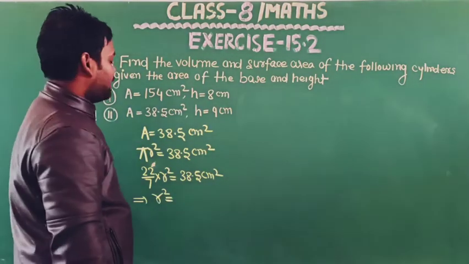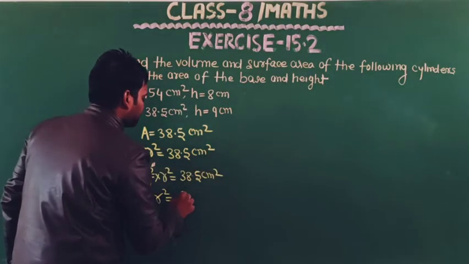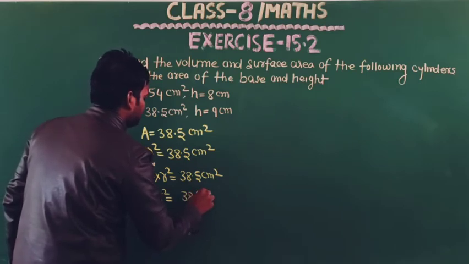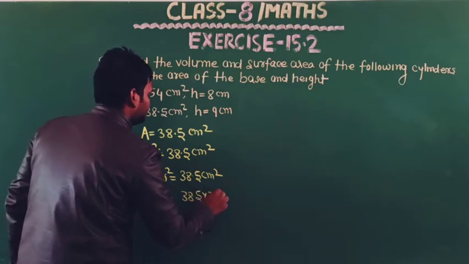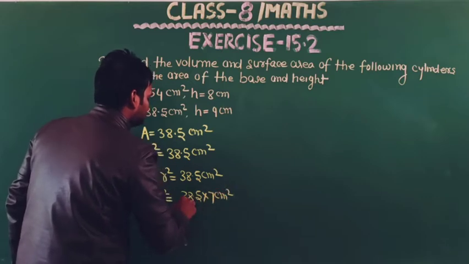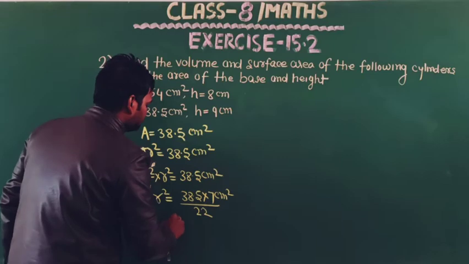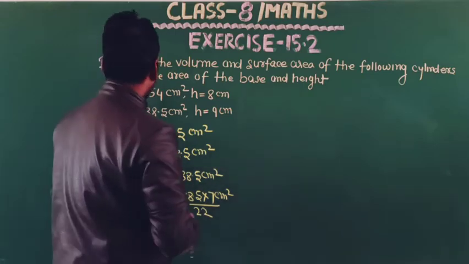This implies radius r square equals 38.5 into 7 centimeter square divided by 22.